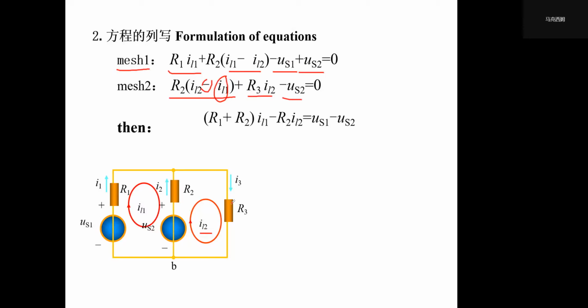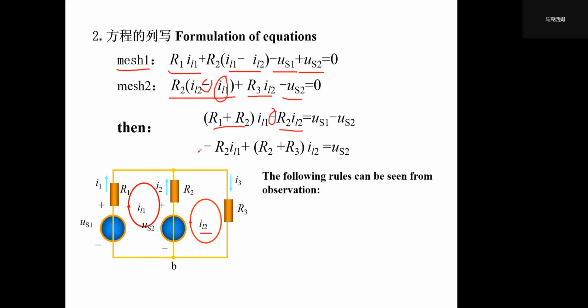See the first equation, we rearrange it, and we can see that before IL1, we have R1 plus R2, and minus R2 IL2. In this case, IL2 is in the opposite direction, so we give it a negative sign. The second equation turns into this.